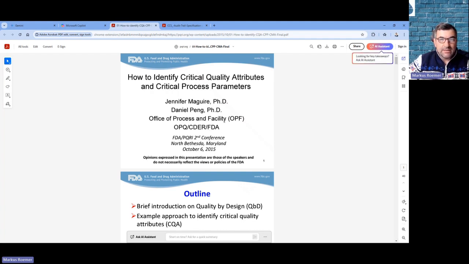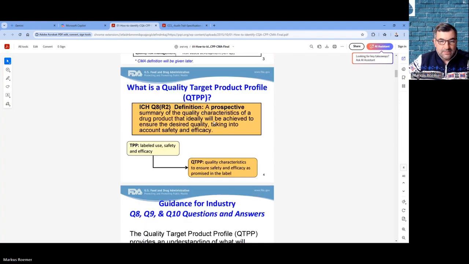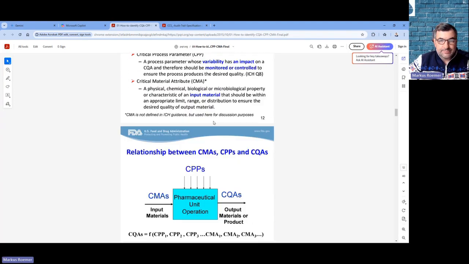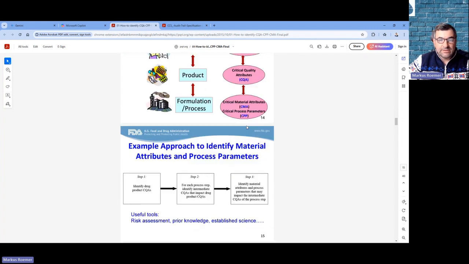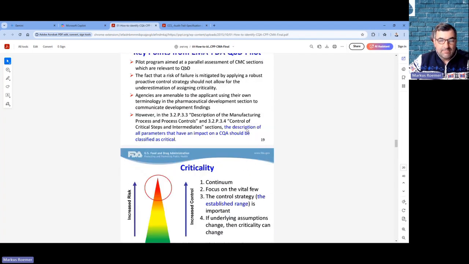That was pretty cool by the US-FDA. There's a figure in it. This one, I use that also in trainings. CQAs are a function of CPP1, CPP2, CPP3, and the critical material attributes. I love mathematics. Was my favorite in school. Okay, makes sense.